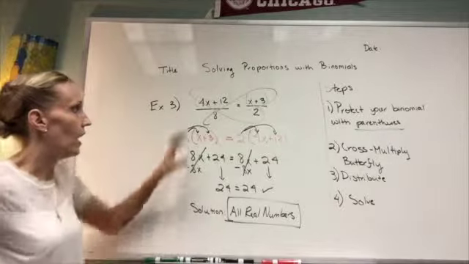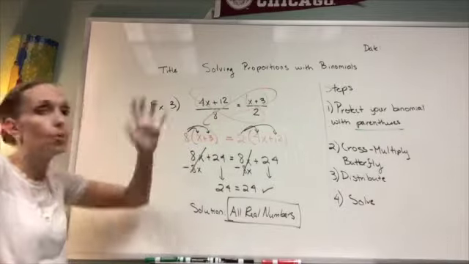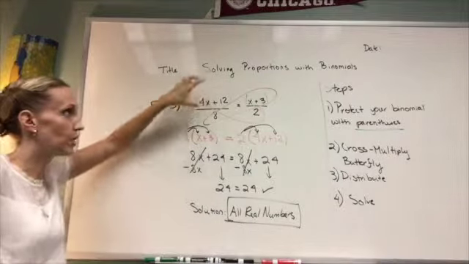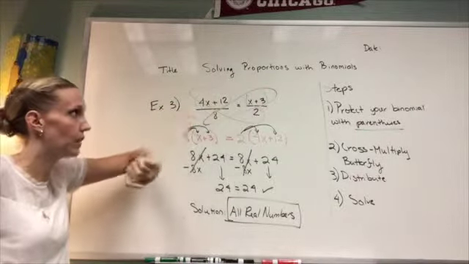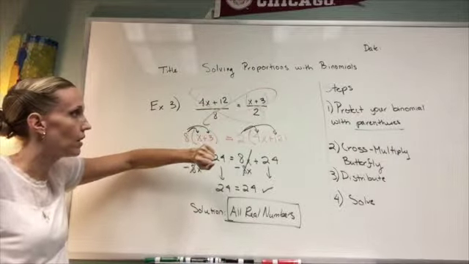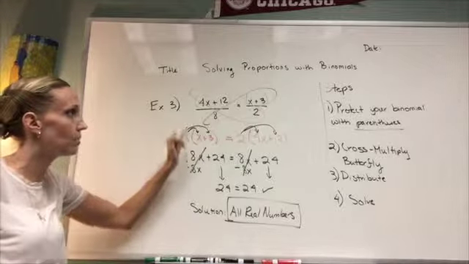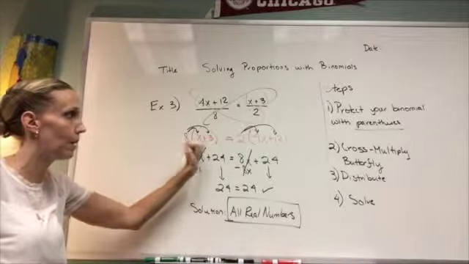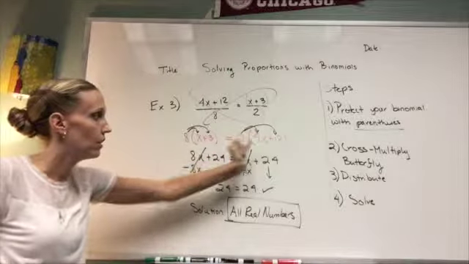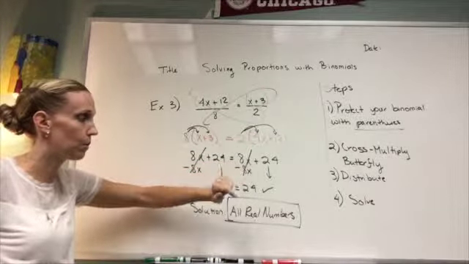Okay, to review one more time. We had a proportion where we had two binomials. No big deal. We just protected them both by putting parentheses around them. We cross-multiplied using the butterfly. And when we got down here, we were really careful and we distributed them to both terms within my binomial. I got 8x plus 24 equals 8x plus 24.